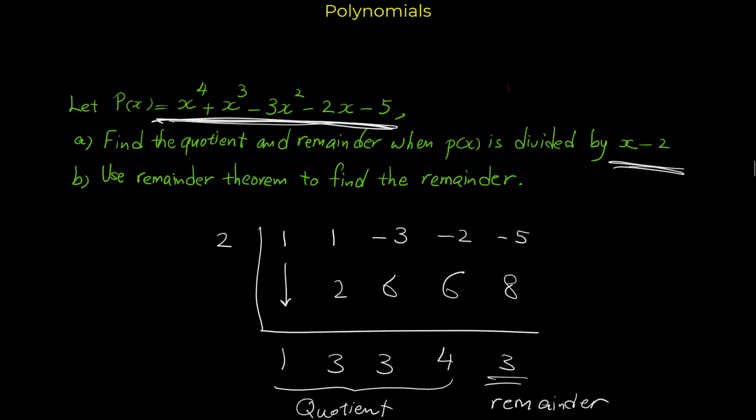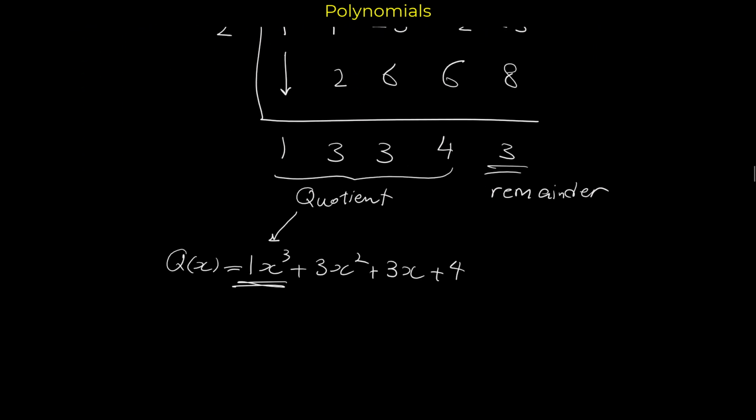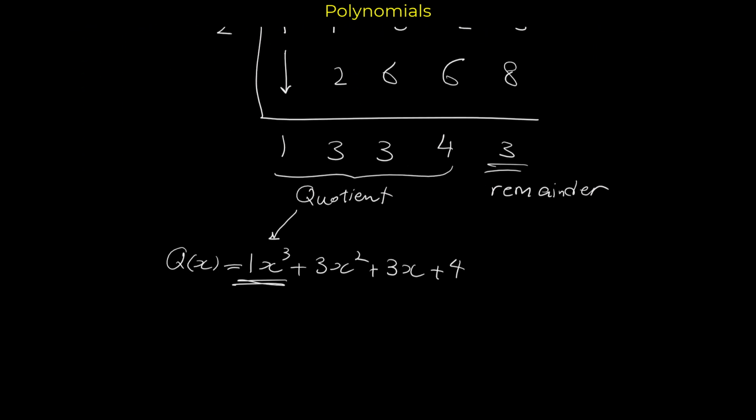Because remember, the original polynomial is of degree 4, so the quotient would be 1 degree less than 4, so it would be degree 3. So the first coefficient is degree 3, then degree 2, degree 1, and constant. And the 3 that remains here is the remainder.